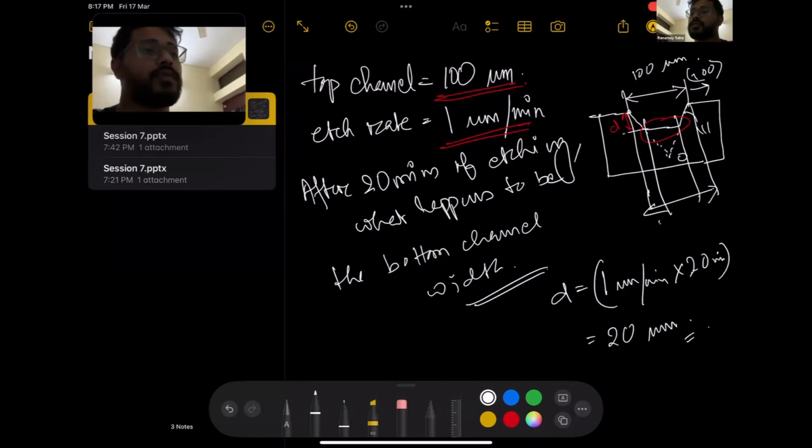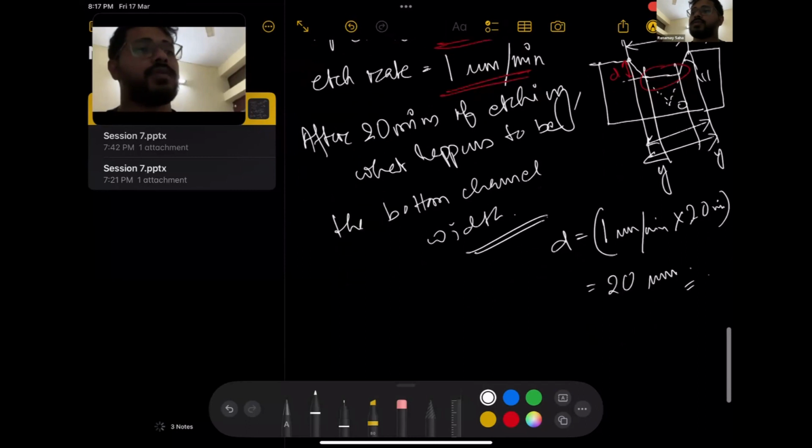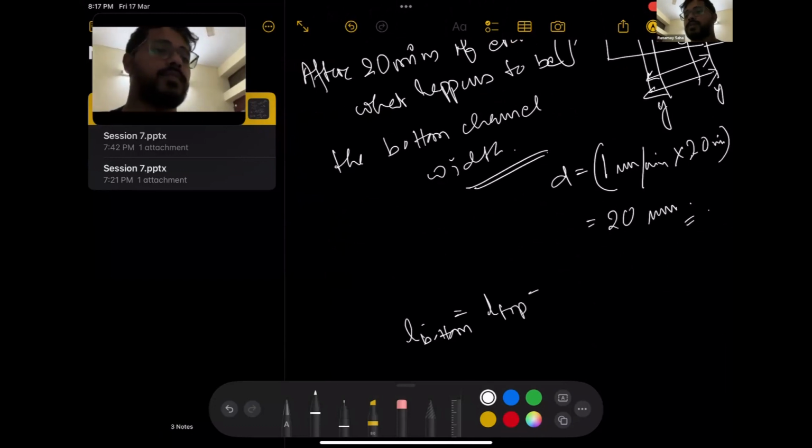If this part is y and y, and you subtract twice y from the top channel length, which is the whole thing, then we'll get the bottom channel length. So L bottom equals L top minus twice y.